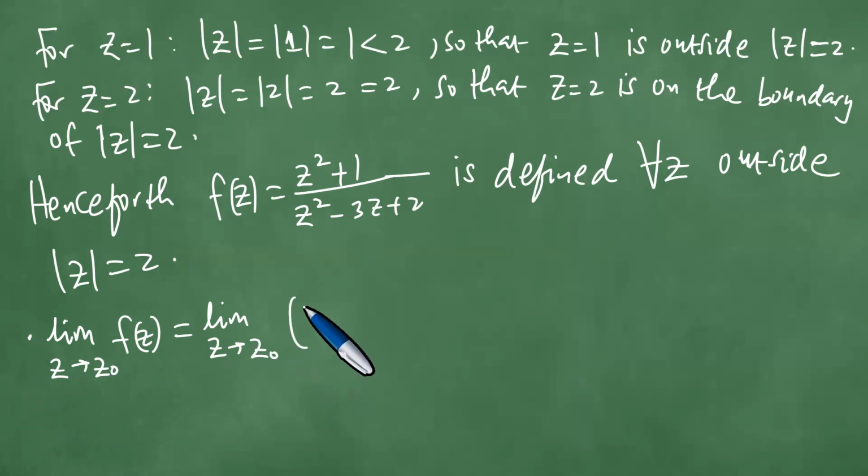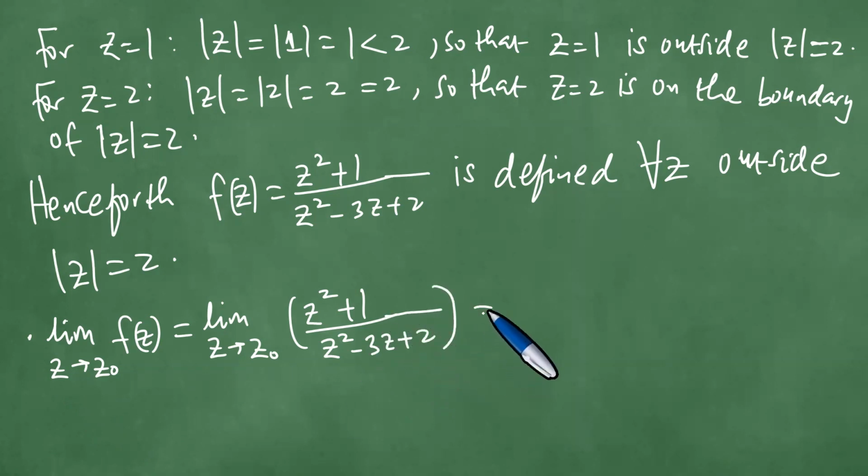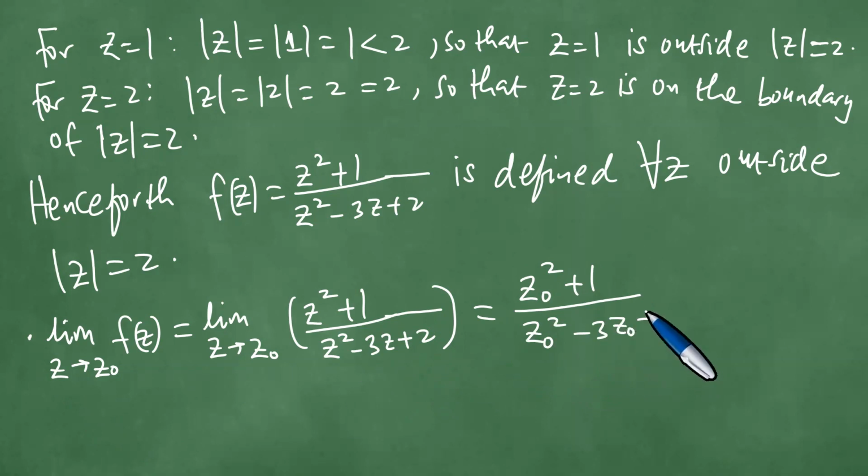So this is z squared plus 1 divided by z squared minus 3z plus 2, that is, z0 squared plus 1 divided by z0 squared minus 3z0 plus 2.